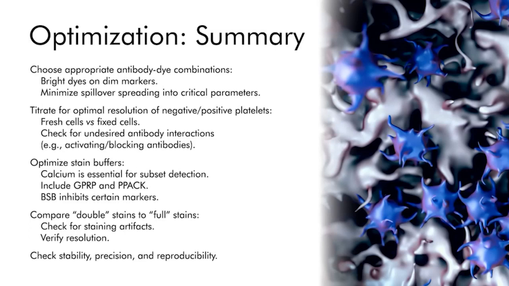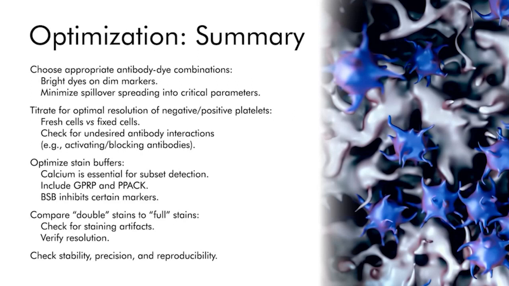So to summarize the panel development strategy, we selected appropriate antibody dye combinations and minimized spreading. We titrated reagents and checked for artifacts related to fixation and undesired antibody interactions.